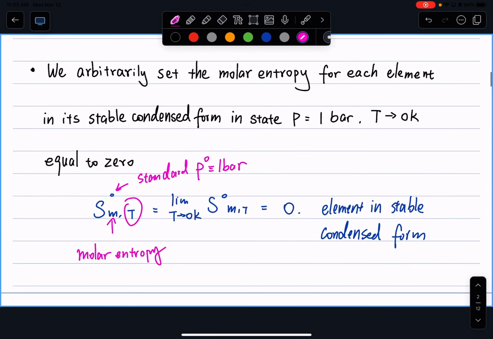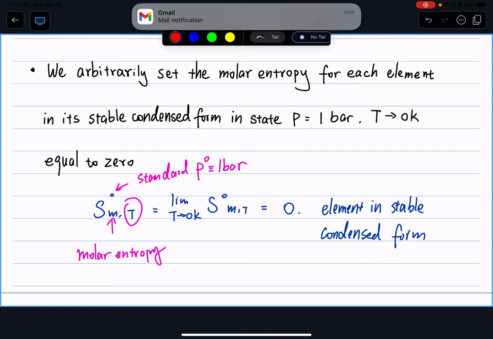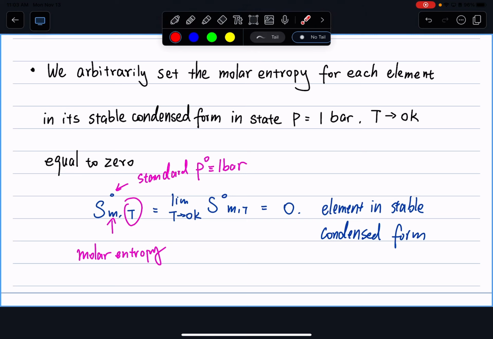When we're talking about the definition of conventional entropy, we must have a reference point. The reference point we pick here is the molar entropy of all the elements in their stable condensed form. That means we're likely talking about a solid. It's a condensed form, a solid or a liquid. It can't be a gas. And we're talking about a stable condensed form, so it's like a perfect crystal of any of your given elements.